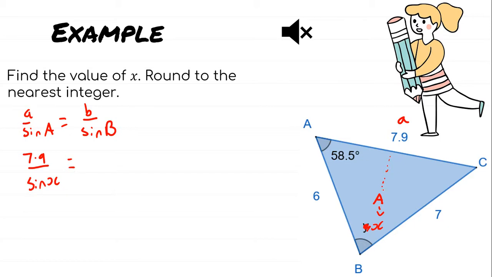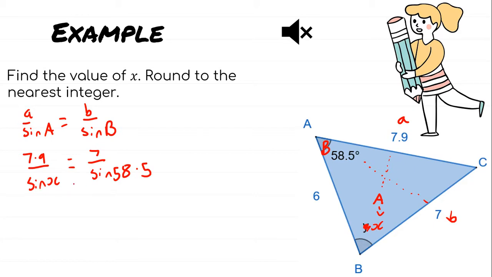We actually know all three sides here, but what we're interested in is this other angle and this side opposite to it. So we'll call this side b and this angle B. So let's write that as 7 over sine 58.5.